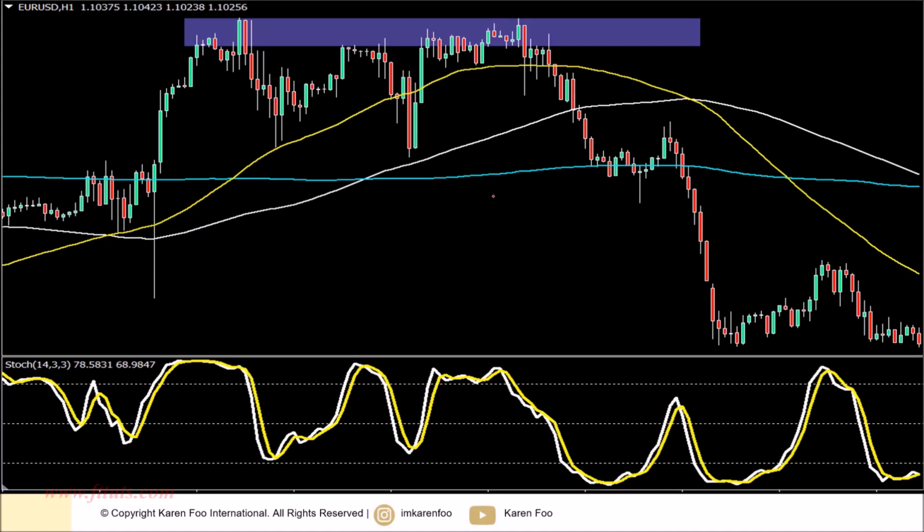Now there are a couple of patterns that are more ideal than the others. For example, you can see one over here testing the resistance zone. Okay, and you can also see one over here inside the resistance zone, and one more over here also testing the resistance zone.